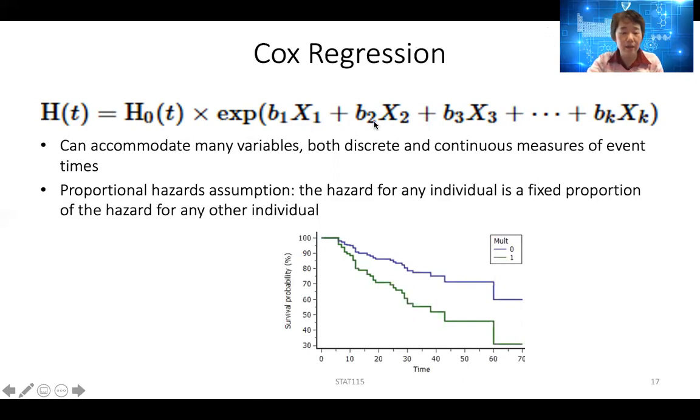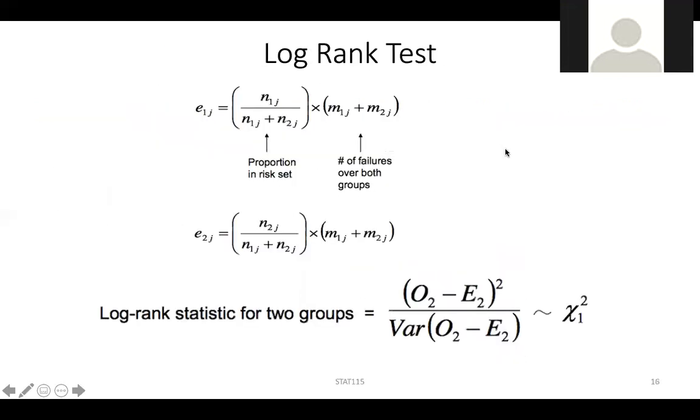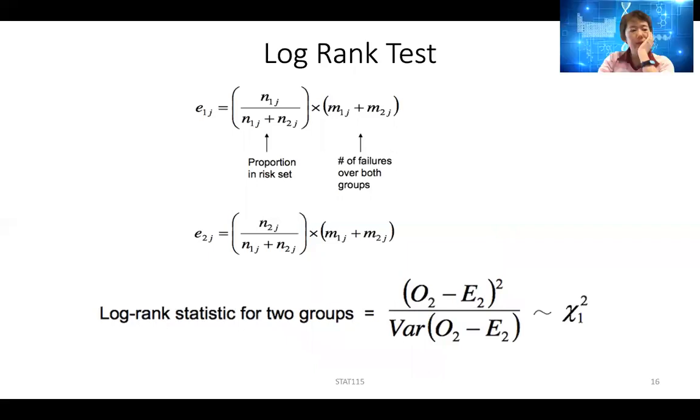So we have a question. Yes, Jack. Sorry, can you go back to the log rank test? Can you explain how to exactly calculate this statistic at the bottom? I'm not sure how to do the variance. So normally how do you do a chi-square test in a 2x2 table, right?